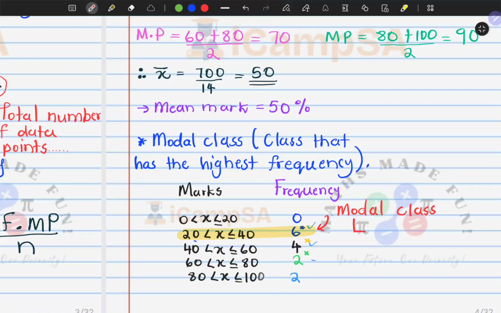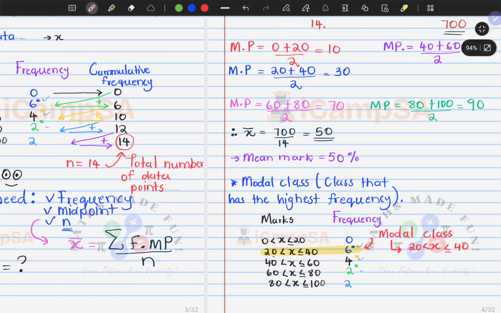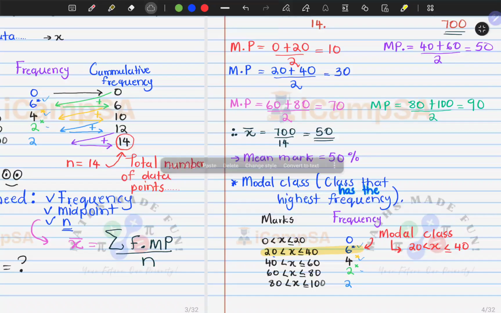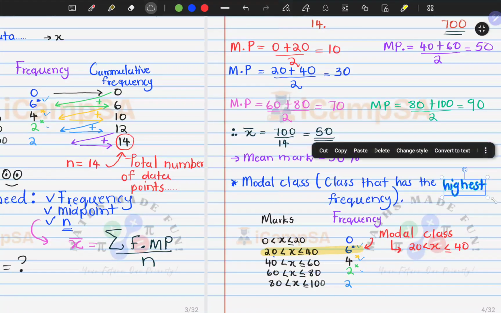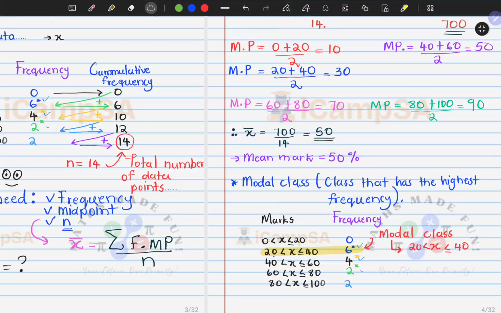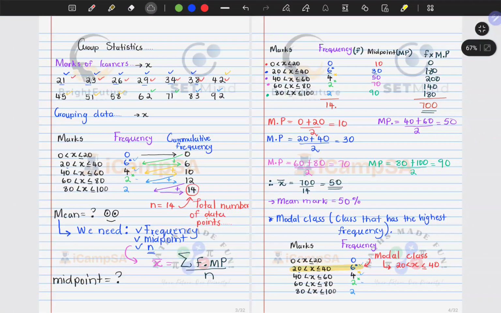It means your answer would be x is less than or equal to 40 but bigger than 20. That would be your modal class where we have the highest frequency. It's very important for you to make sure that you understand. Guys, it's very simple, so just make sure that you are understanding what we did here.